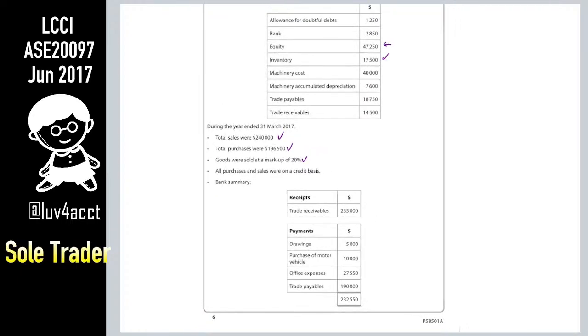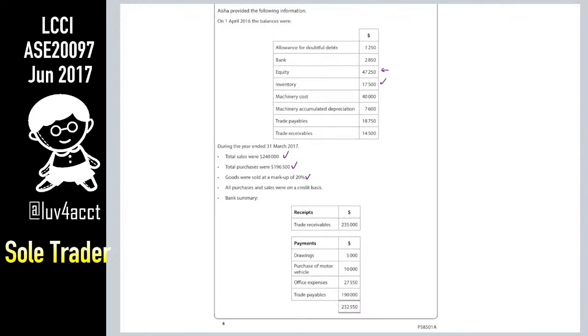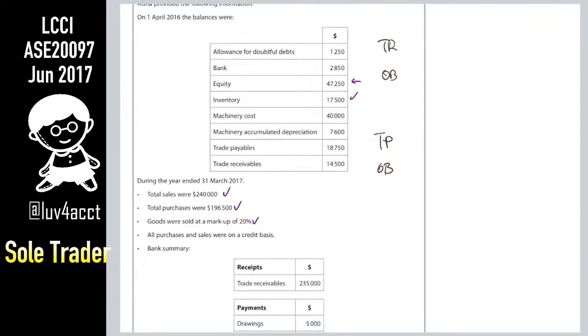Again, trade receivables. Let us do it here so that we don't have to turn the page. Trade receivables, trade payables. We have the opening balance: 14,500 for trade receivables, 18,750 for trade payables. You have the credit sales plus 240,000, and total purchases 196,500.